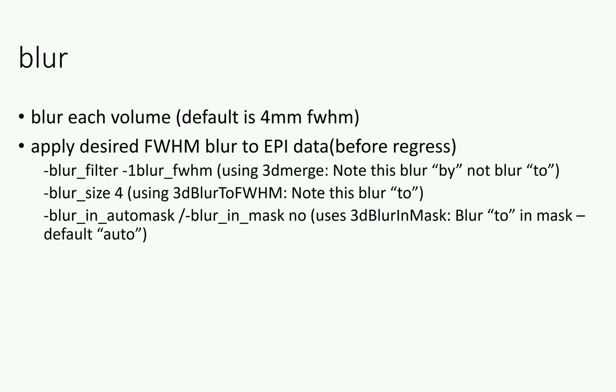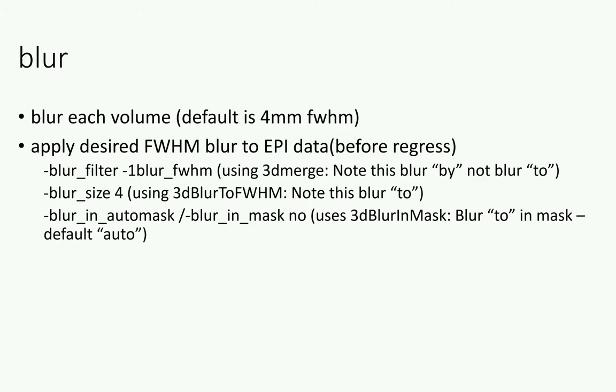Blur, this is an interesting step. We'll talk about this a lot more on the clustering day. The blurring is a Gaussian blur that you apply to your data to increase the spatial smoothing. It takes out spikes in the local data. It makes up a little bit for people's brains being in slightly different locations, the activation in the brain being in slightly different locations.